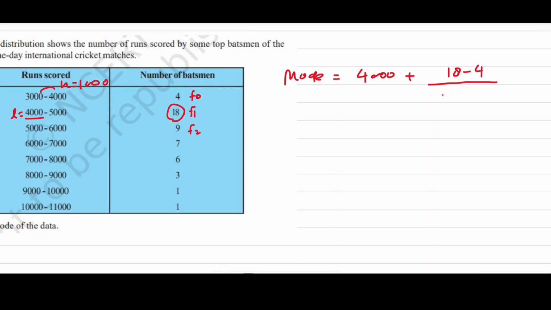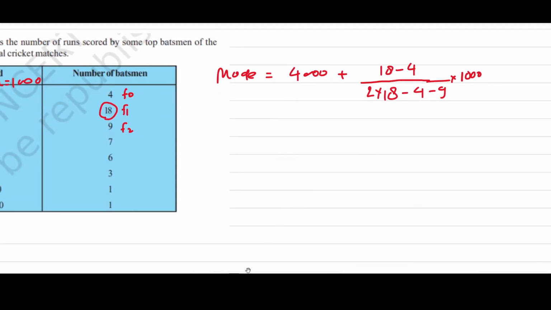Now 2F1, 2 into 18 minus F0 and F2. F0 is 4 minus F2, that means 9, here into 1000. Clear? This is the mode. Simplify this.